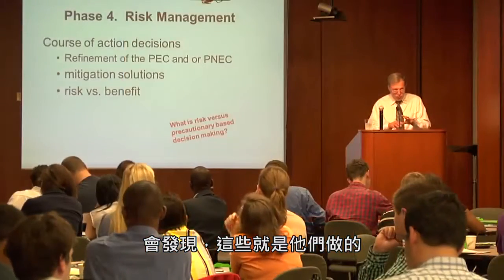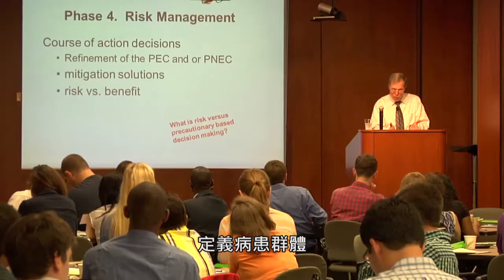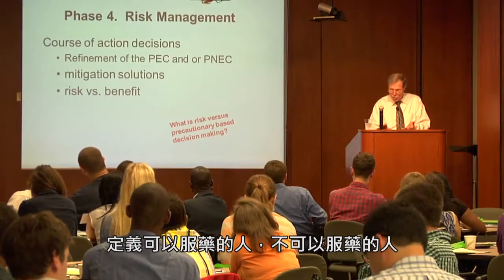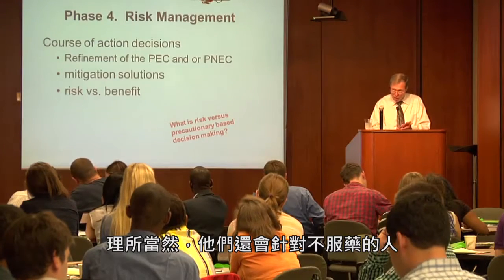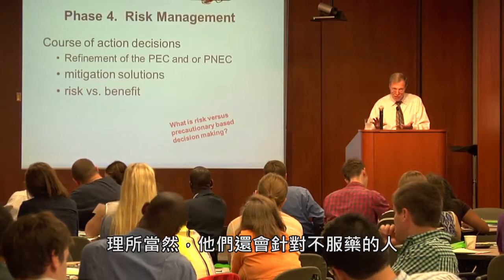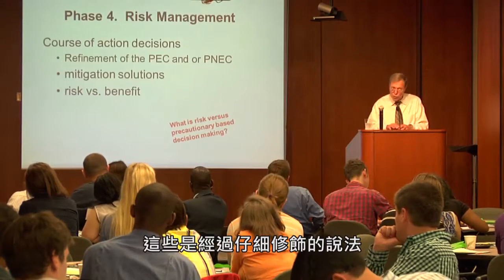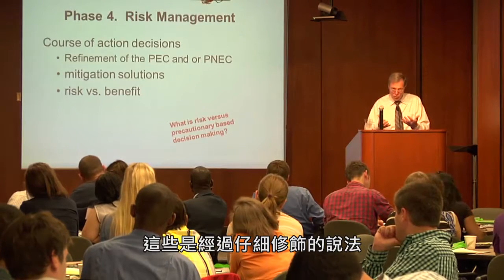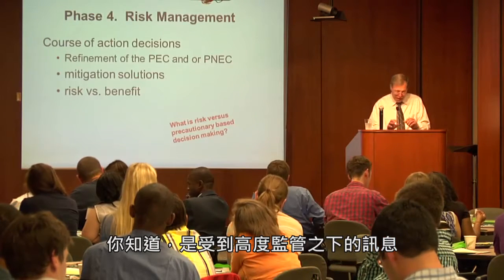They're defining who's the patient population, who takes this, who doesn't take this. And then they describe the off-target effects that people taking the medication should be watching for. Those are all very carefully worded and very regulated messages going out.